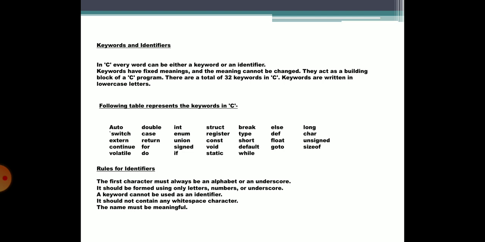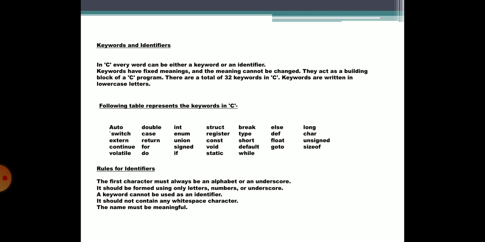Only the first 31 characters are significant. If a long identifier is given, only the first 31 characters are significant.